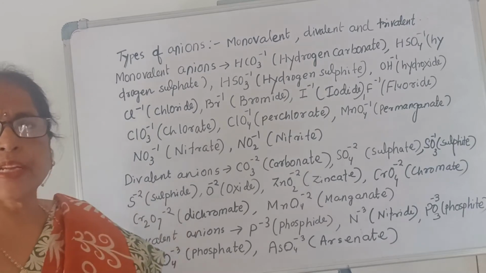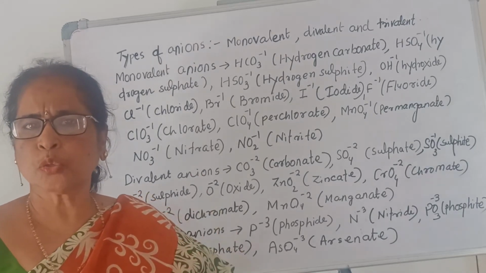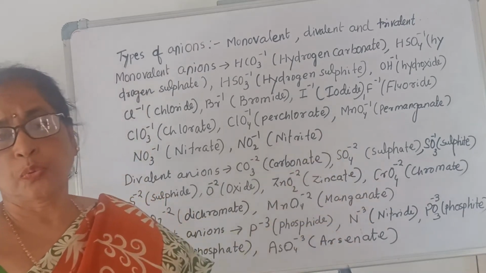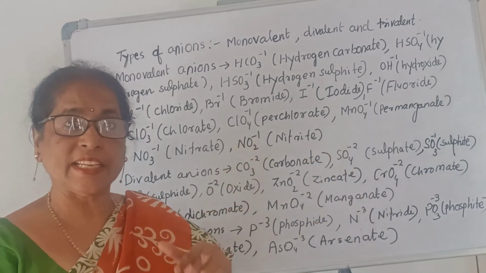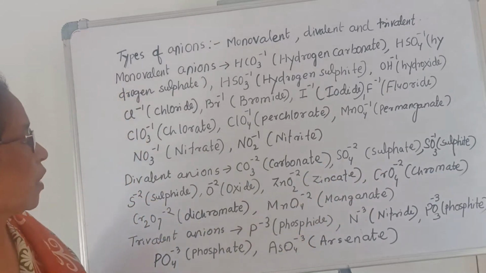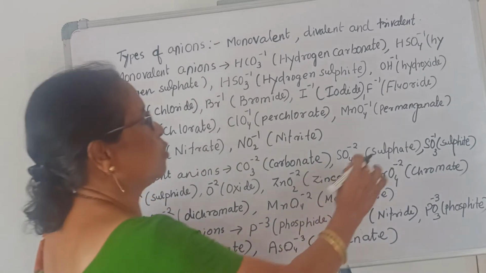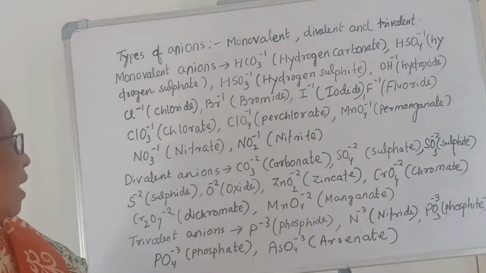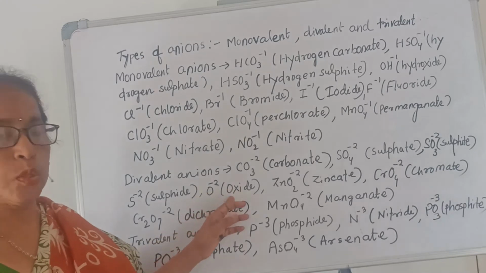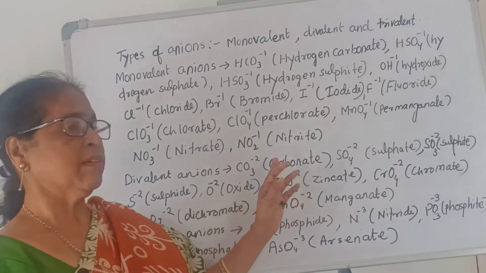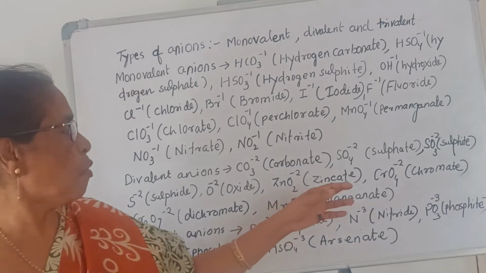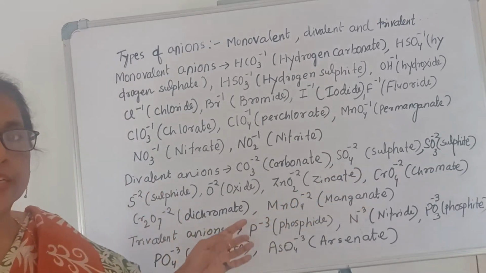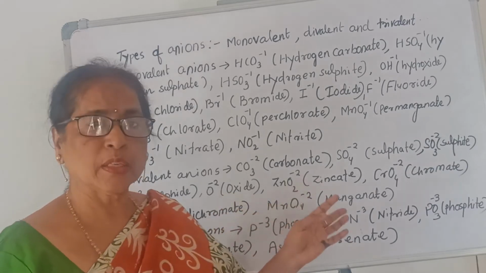Then come to divalent anions. Divalent means minus 2 charge. Carbonate, CO3 minus 2; sulfate, SO4 minus 2; sulfite, SO3 minus 2; sulfide, S minus 2; oxide, O minus 2; zincate, ZnO2 minus 2; chromate, CrO4 minus 2; dichromate, Cr2O7 minus 2; manganate, MnO4 minus 2.